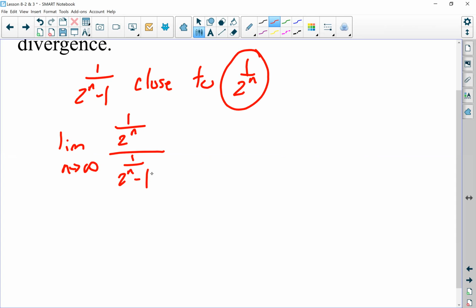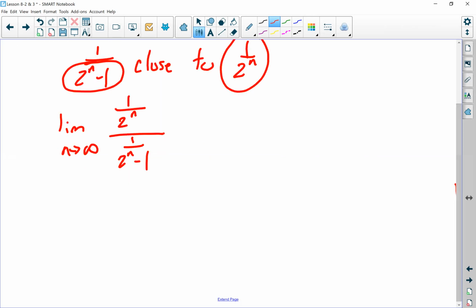The reason being, I want to get this part moved back into the numerator because it will be easier to deal with that subtraction if it's in the numerator rather than in the denominator. So this is division, and division is the same thing as multiplying by the reciprocal.